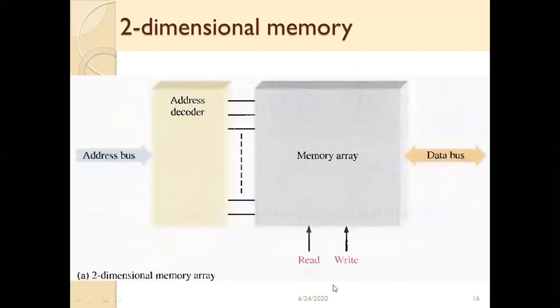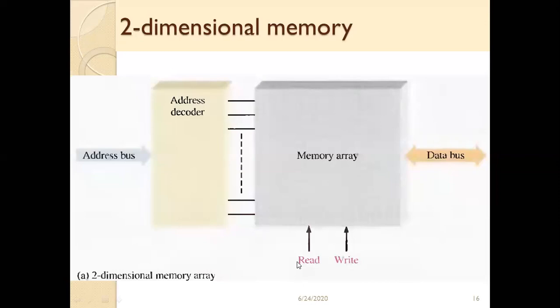Select means I will give 1 on this. And if I want to take some data from that location which is being selected, I will select the read line. So these lines which do the selection for read or write are called the control lines, and these control lines are part of the control bus.